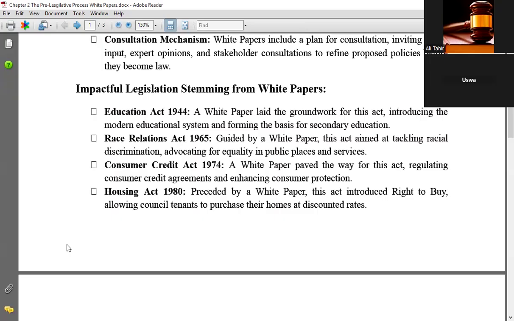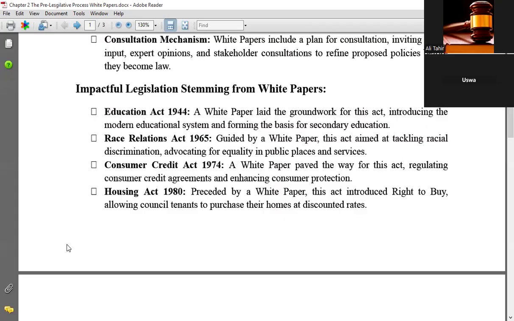The Housing Act of 1980, preceded by a white paper. This act introduced the right to buy, allowing council tenants to actually purchase their homes. Now, council housing, guys, we need to understand what this is. Council housing is basically housing provided by the British state to the people who cannot afford to get a mortgage or to buy their own house.